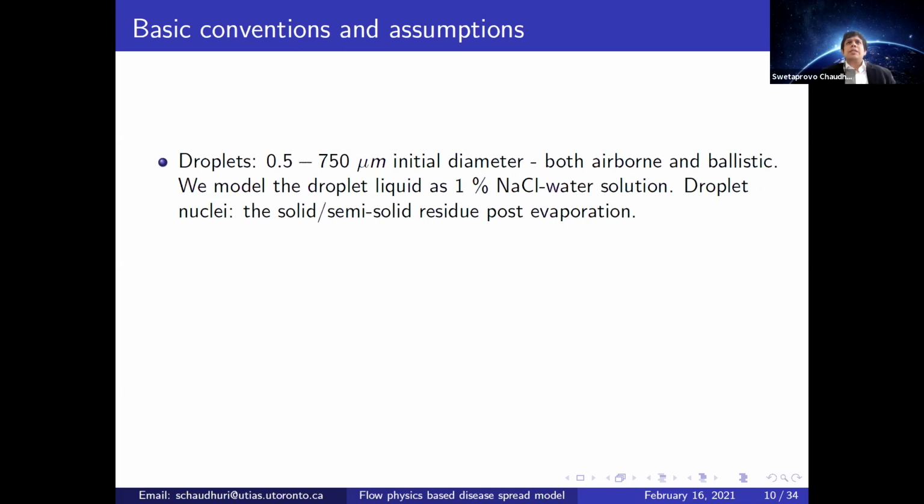And not only that, the final equilibrium diameter of this solid or semi-solid residue will depend on the relative humidity. So it is very important to have a robust droplet evaporation settling model included in this approach that we are doing.